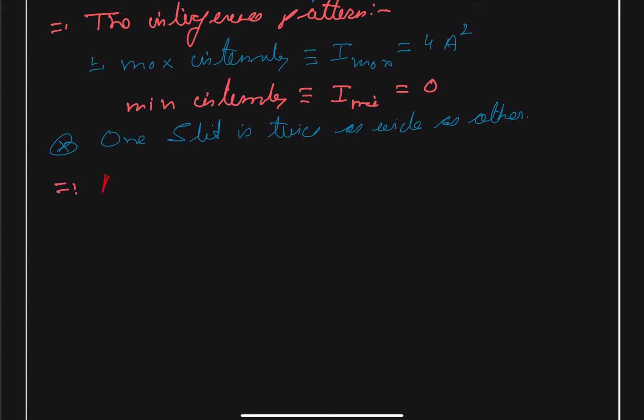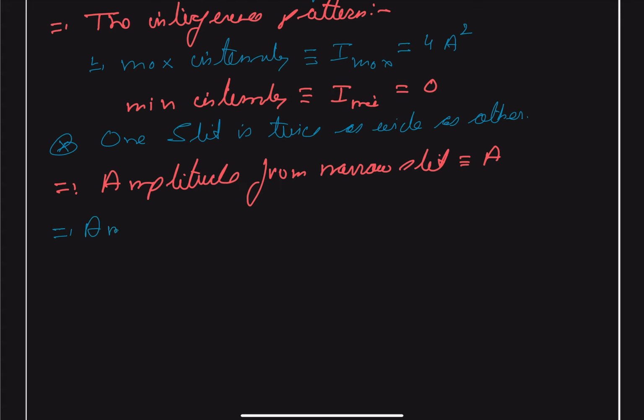Say the amplitude from the narrow slit, let us suppose, is A, therefore the amplitude from the wider slit will be 2A because the width is twice.